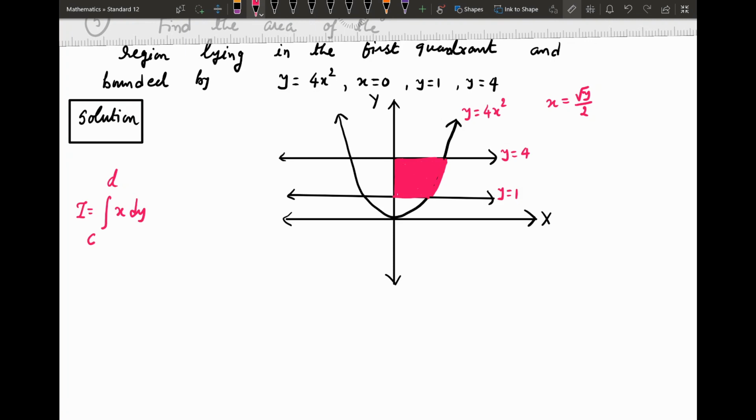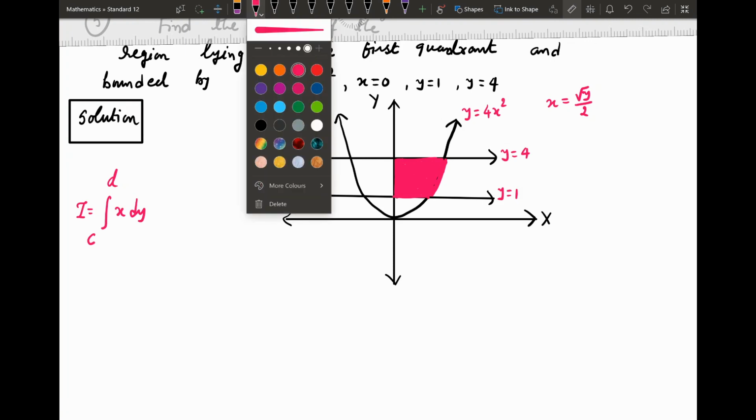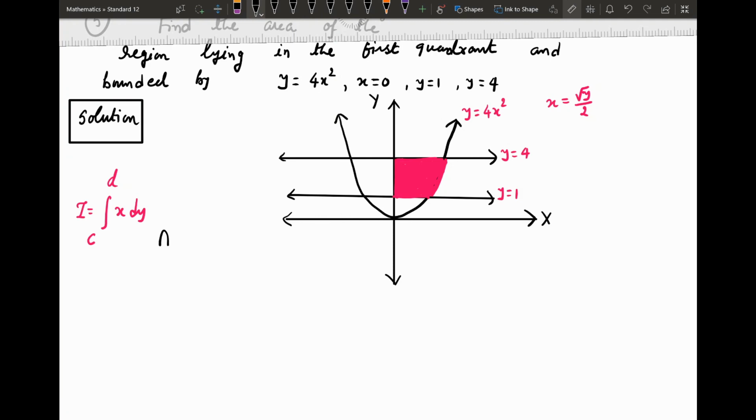So the required area A equal to mod of integral of x dy. X as a function of y from this parabola is x equal to root y by 2.